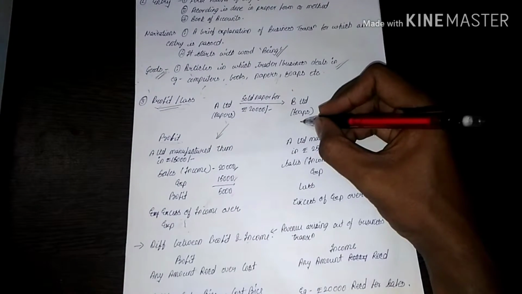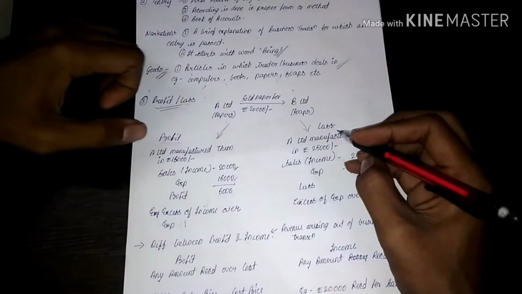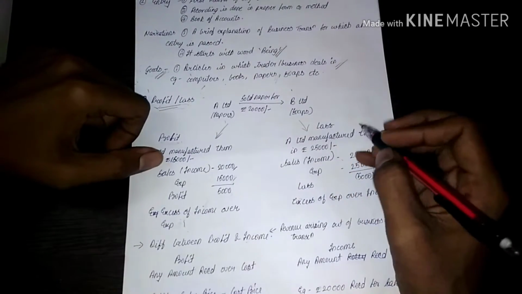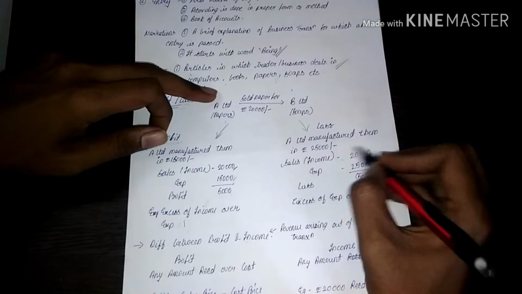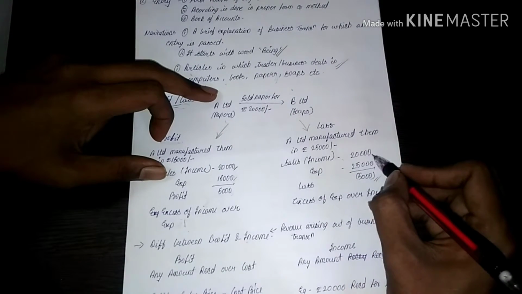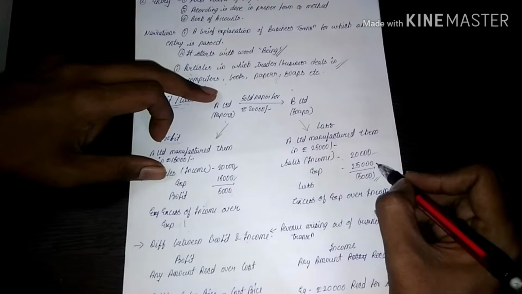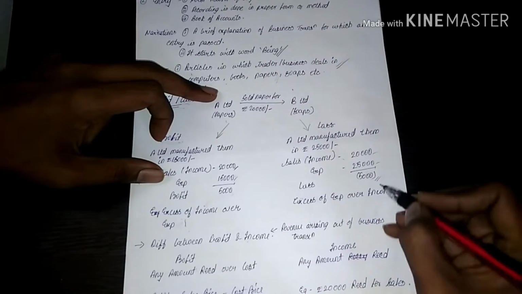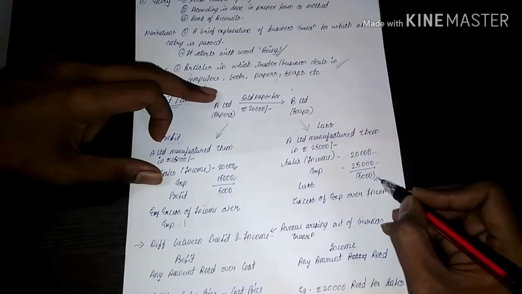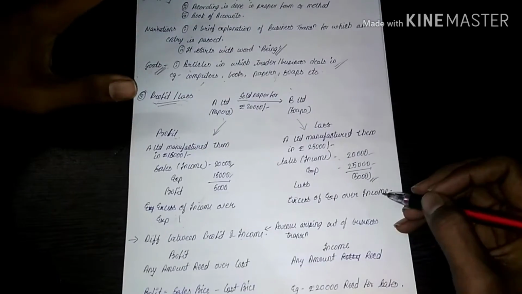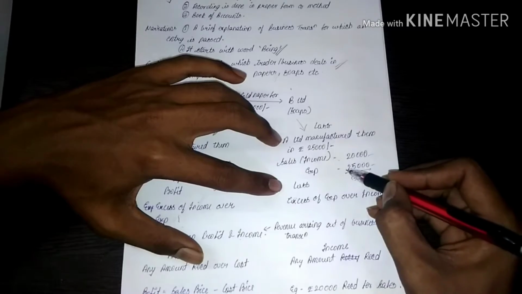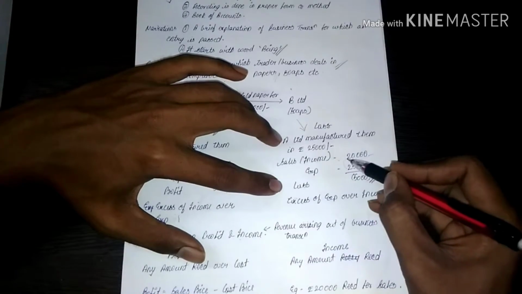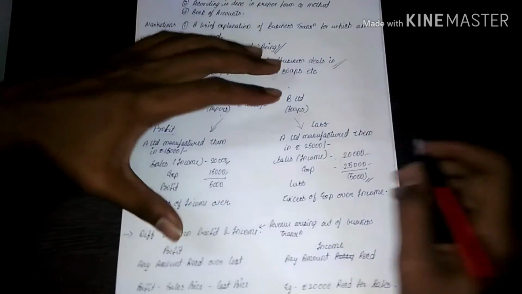Now we'll come to another situation where instead of manufacturing for 15,000, it took A Limited 25,000 to manufacture the same papers, right? So he sold them for 20,000, but manufacturing expenses were 25,000. So here his loss is 5,000 rupees. So the definition of loss is very simple. Loss is excess of expense over income, right? So understand the difference here.